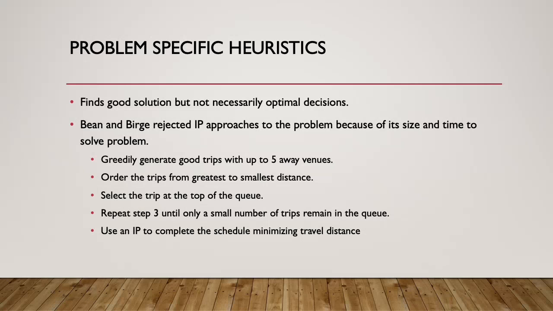So after all this assignment is done for the trips, we need to use integer programming to complete the scheduling, minimizing traveling distance. And they reported that this approach was successfully used to schedule 2 seasons in the NBA tournaments.